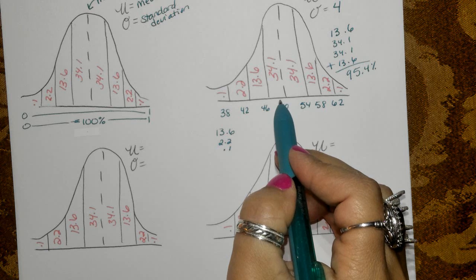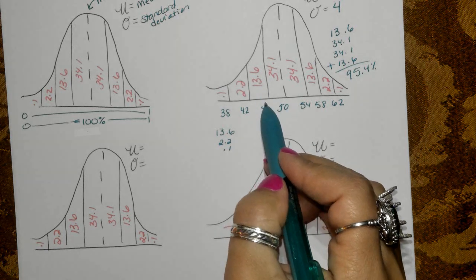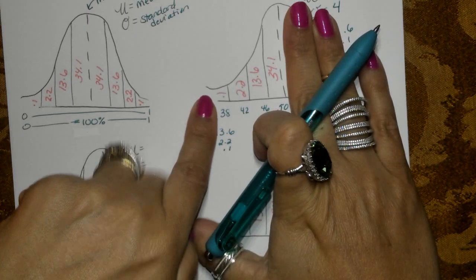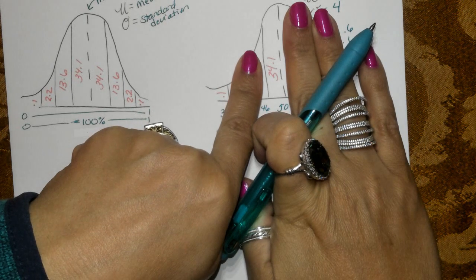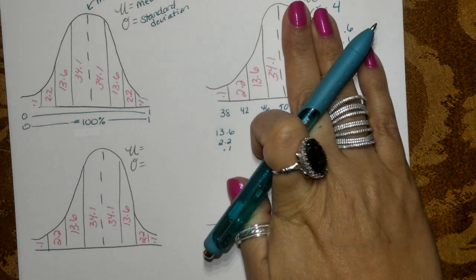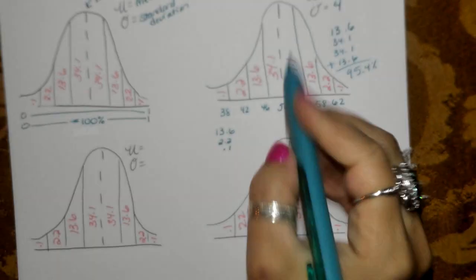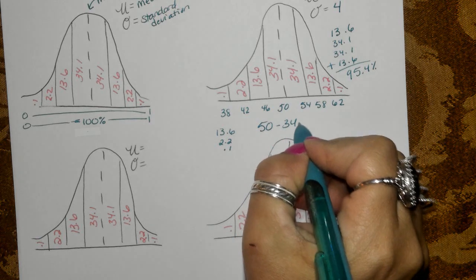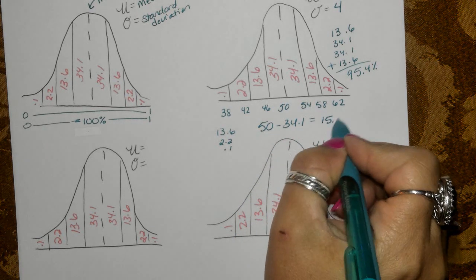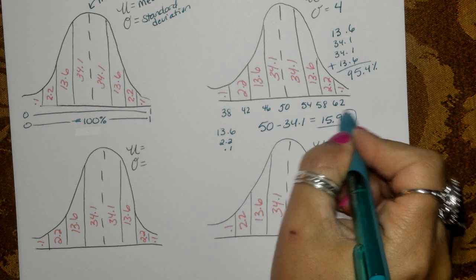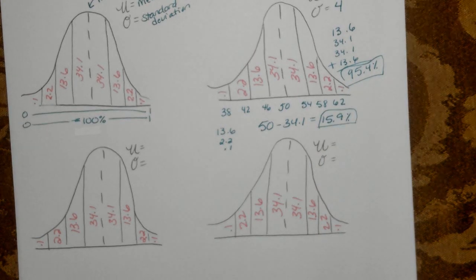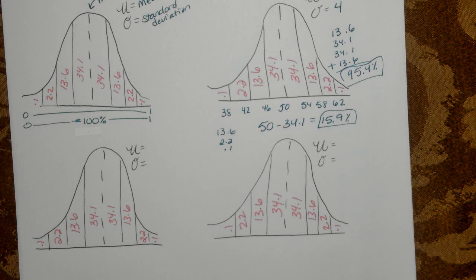They want below 46, so the only one I don't care about is the 34.1. So we could just do 50 minus 34.1 and we get 15.9% for that second question.